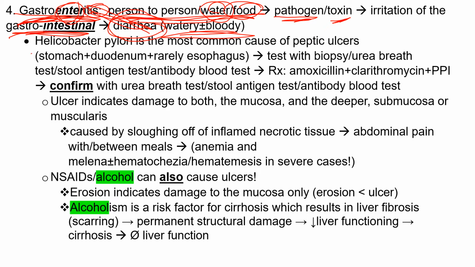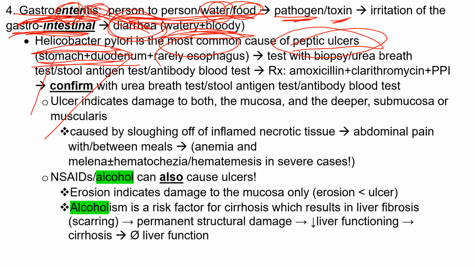Helicobacter pylori is a bacterium that you absolutely must know because it's the most common cause of peptic ulcers. Peptic ulcers are defined as ulcers in the stomach and duodenum. Stomach 1, duodenum 2. Rarely the esophagus is also involved. Now, how do you test for peptic ulcers?